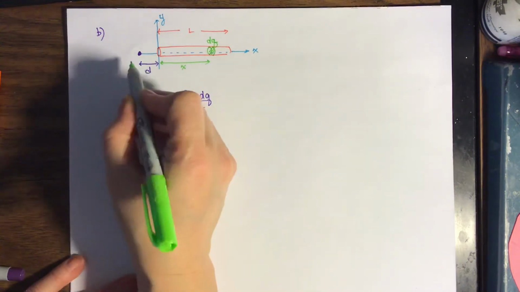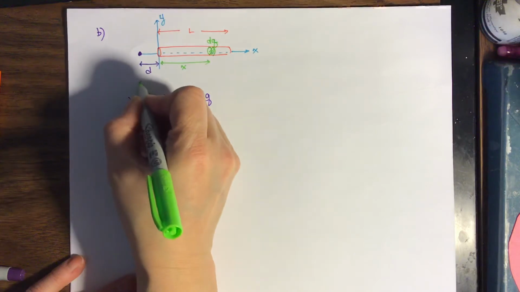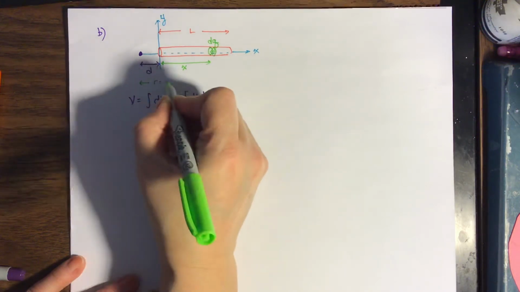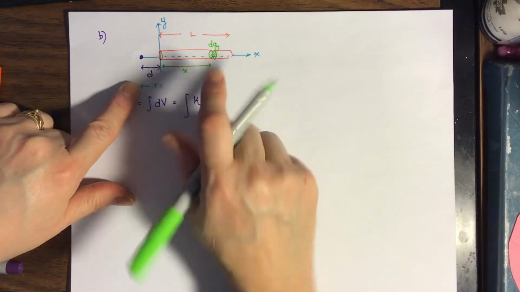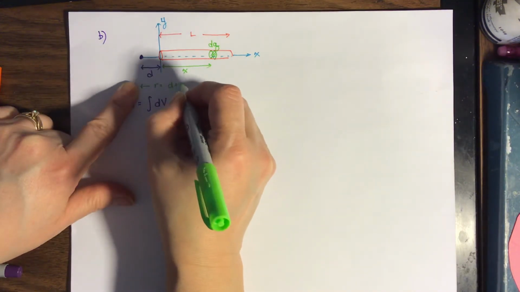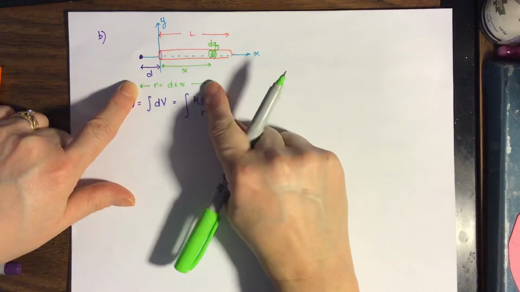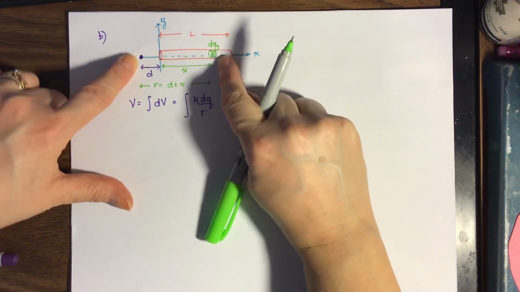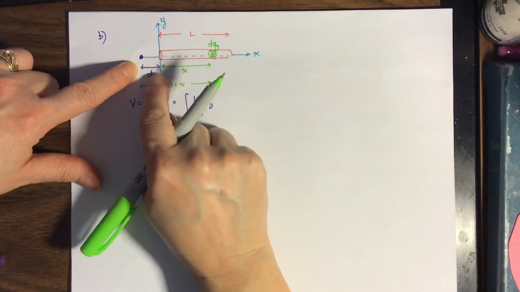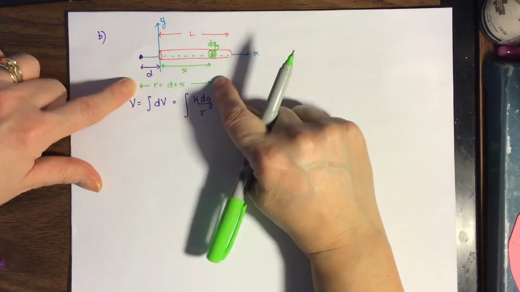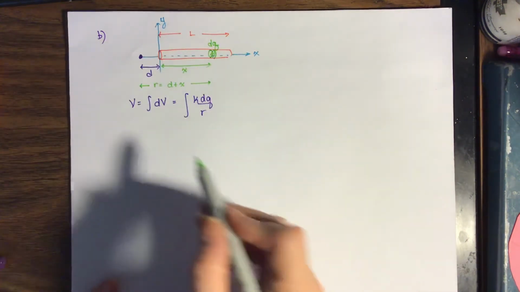R means our distance between our point and our charge. So this is our distance R here. So R is from here to here. R is equal to D plus X. Okay, so R is from the charge to the point. D brings us from the point to the origin. X brings us from the origin to the charge. So R is D plus X.